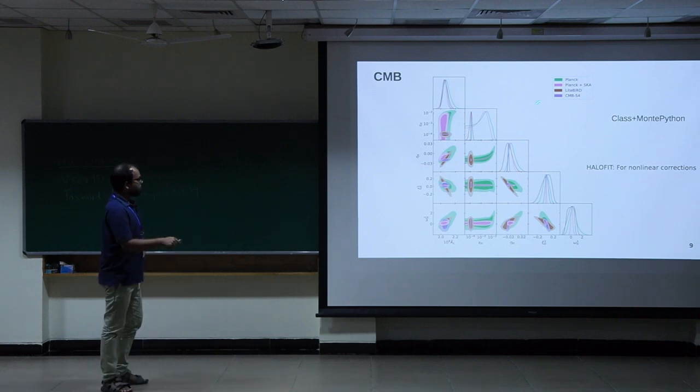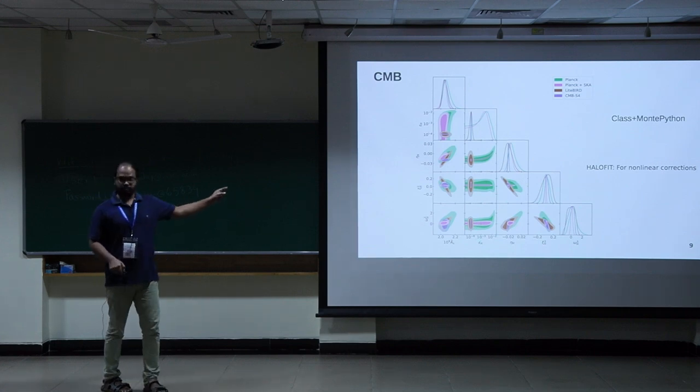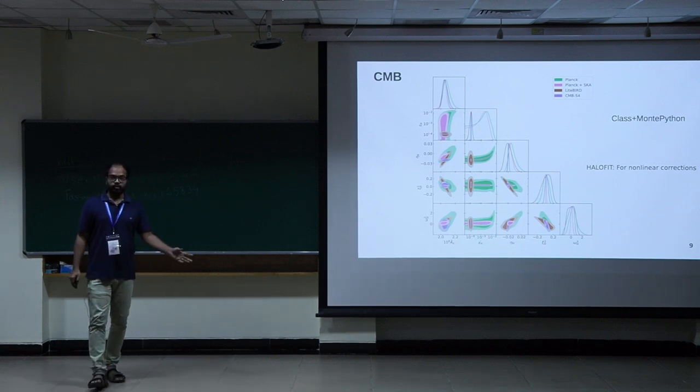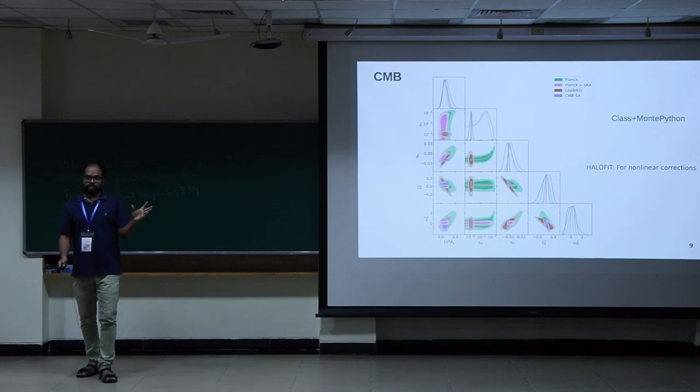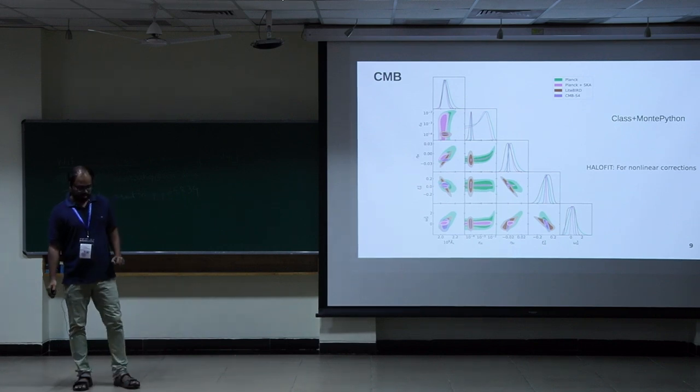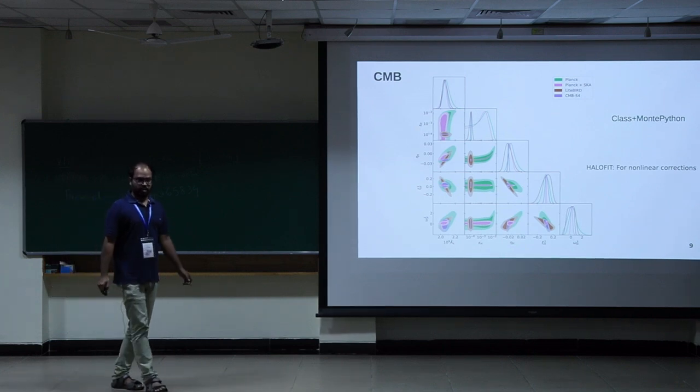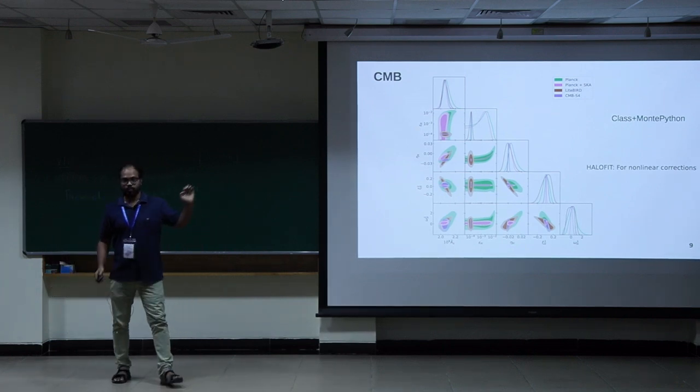Now compare that to LiteBIRD and CMB-S4. You can see ε_H, this is called the first Hubble slow-roll parameter. You may have already heard that these future experiments are targeting so-called CMB B-mode polarization, or the so-called tensor-to-scalar ratio, which should be non-vanishing.